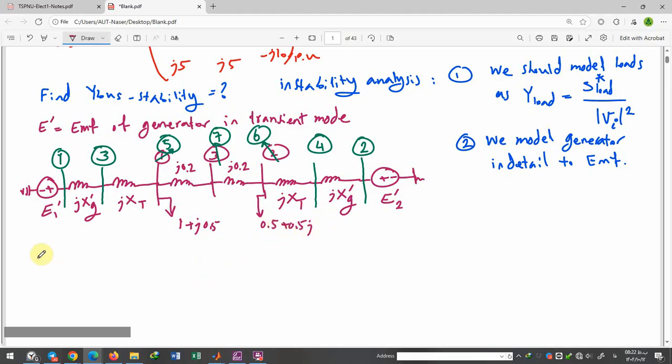And after that, we model the loads as Y load. The Y load connected to bus 5 is S load conjugate over V5, the magnitude of voltage of bus 5, squared.